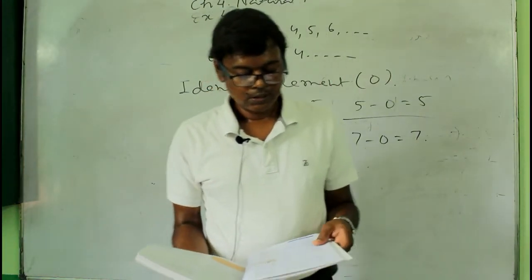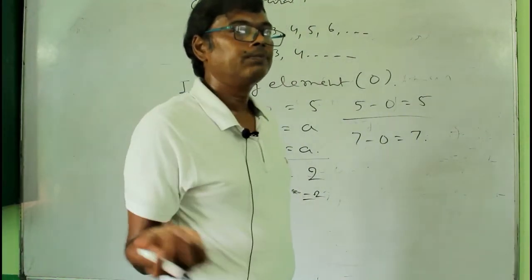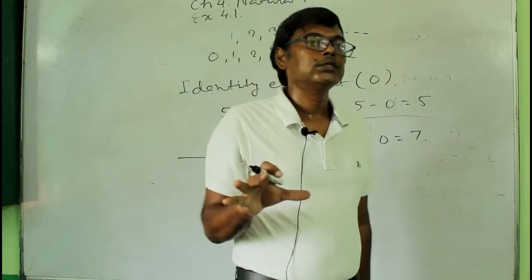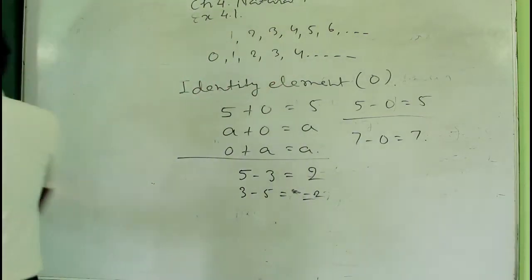Then next is the properties for multiplication. Now as in the example of the addition of whole numbers, all the properties are valid also for the multiplication.